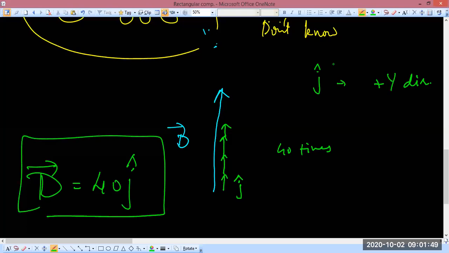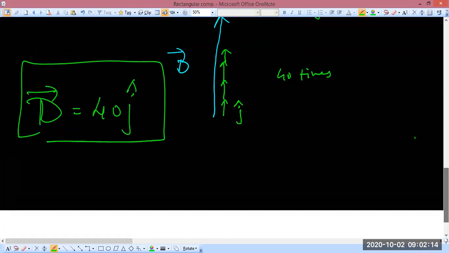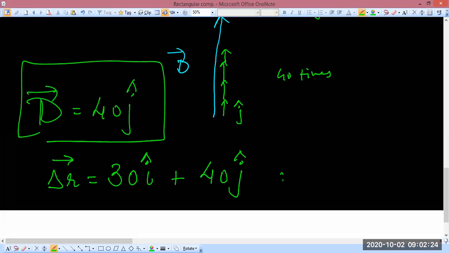Is this clear, everyone? Okay. So finally, if I combine these, and we come to the last point for today, we can write it like this, right?